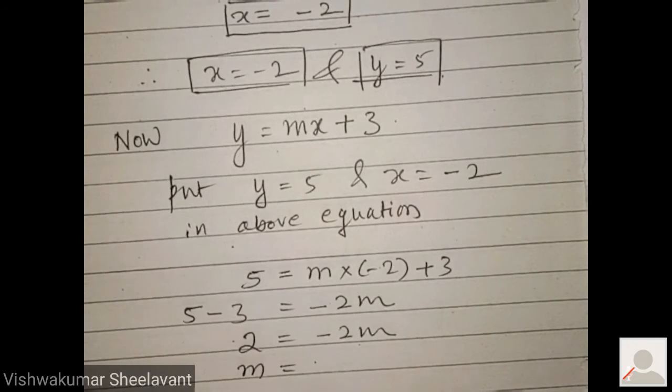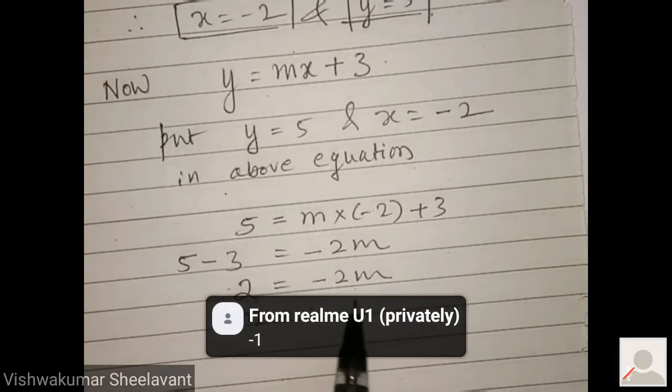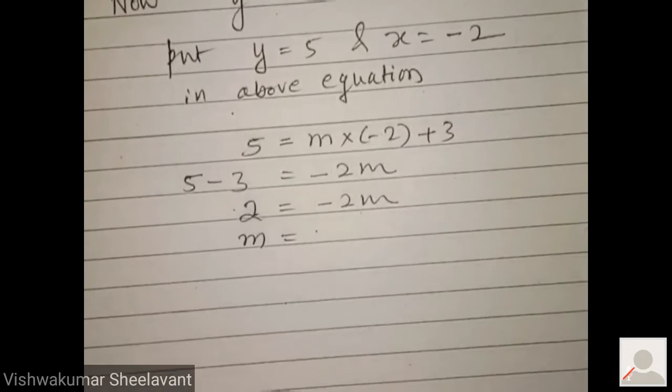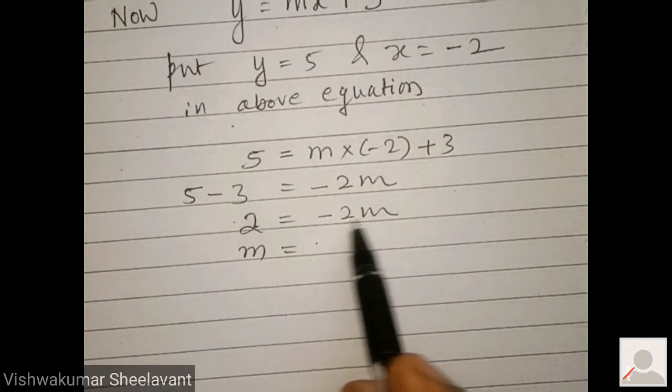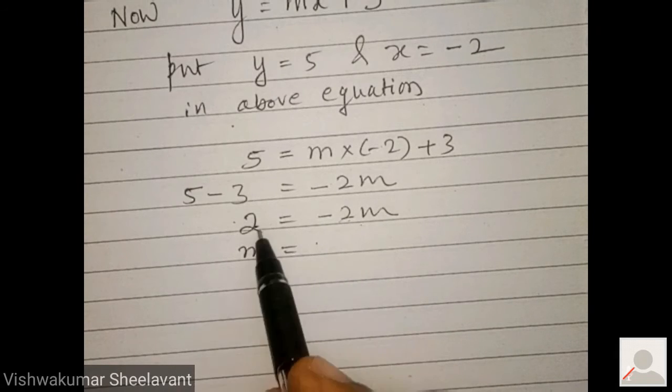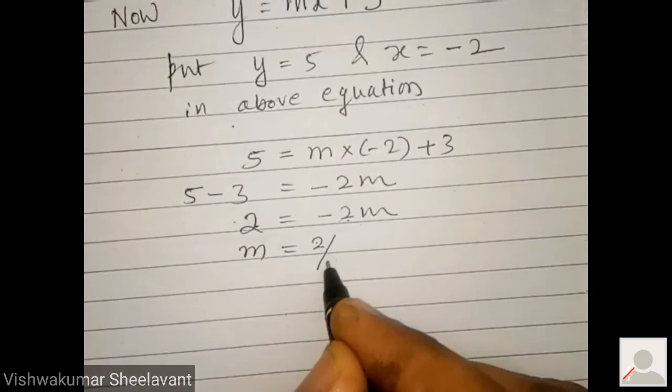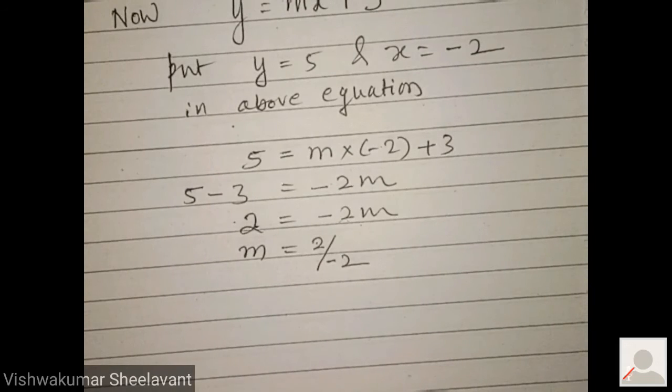I will take m on this side now. Very good. Minus 2 and m are multiplied. When you bring it on this side, minus 2 will divide plus 2.